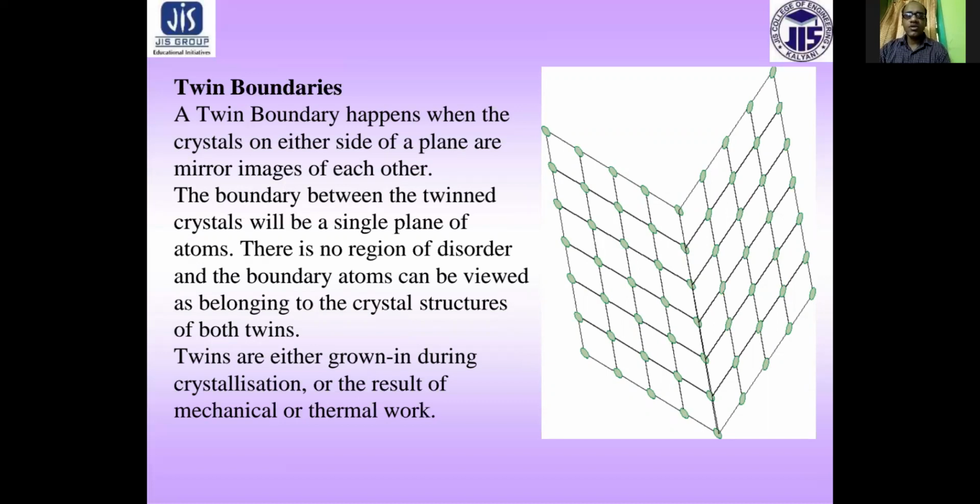The volume of material which has an orientation similar to the mirror image of the matrix orientation is called twins. The mirror is called the twinning plane or composition plane. It may form during solidification, deformation, or during plastic deformation and annealing of metals.